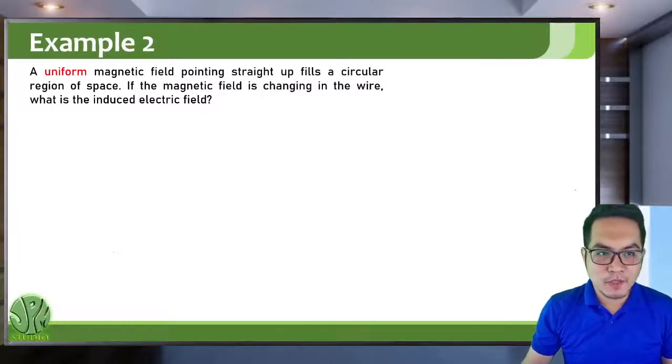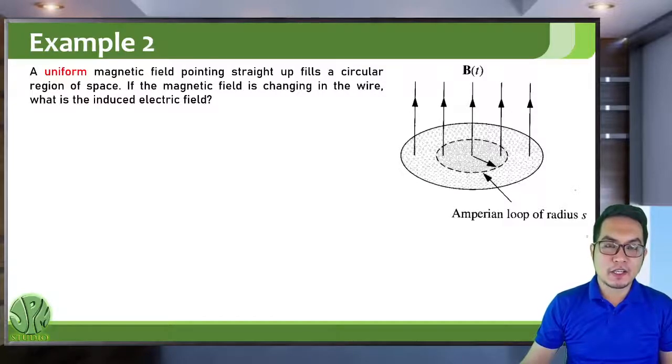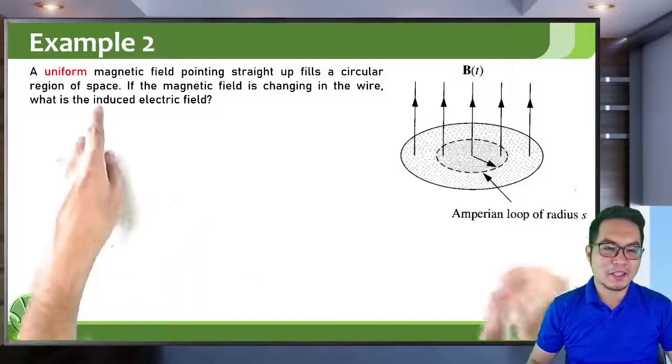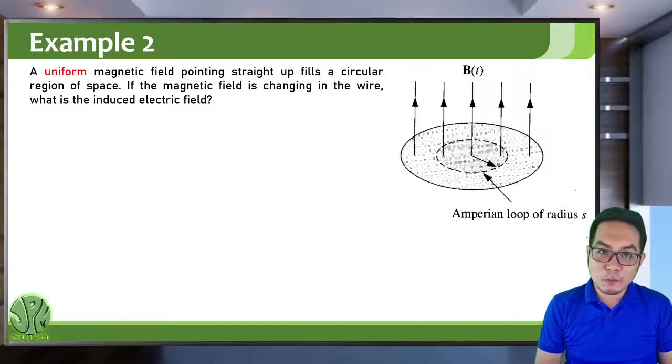So another example. We have a uniform magnetic field pointing straight up. It fills a circular region of space. If the magnetic field is changing with time, what is the induced electric field in this circular region of space? I highlighted the word uniform to signify that it's uniform with respect to position, with respect to space, but it's not constant with respect to time.